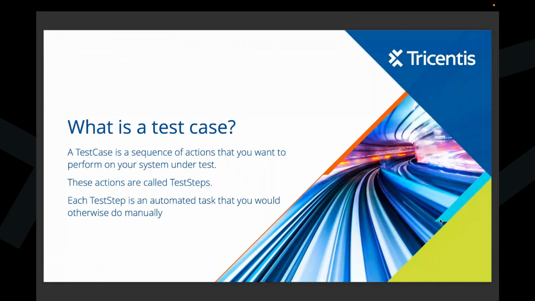But if anyone wants the exact definition, a test case is a sequence of actions that you want to perform for your application under test, or the system which you're testing. In that test case you will have a certain number of test steps for which you will define values, which will construct your whole test case or test scenario. So how are we going to do it in Tosca?